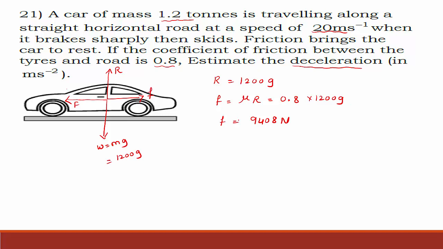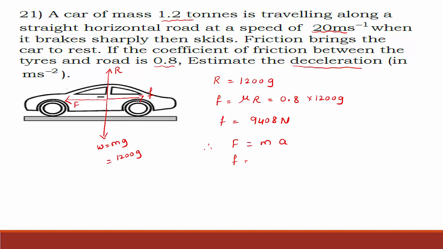See here, when we apply brakes on the car, because of friction, that causes deceleration. It means the velocity of the car goes on decreasing, deceleration takes place. According to Newton's second law of motion, we have the equation F equal to ma. Here F means the frictional force, in the horizontal direction.